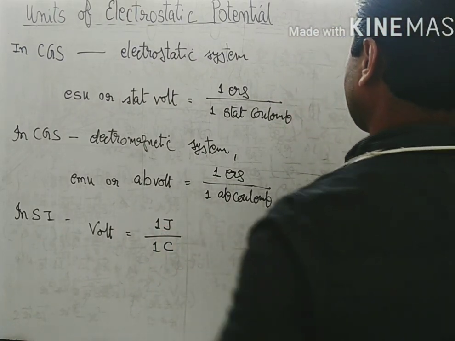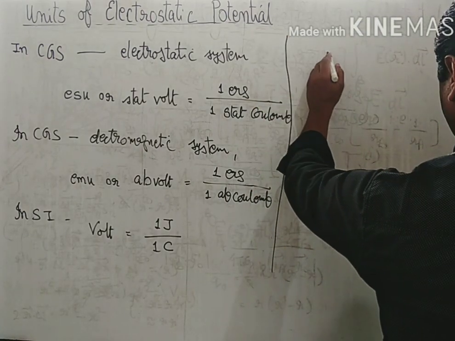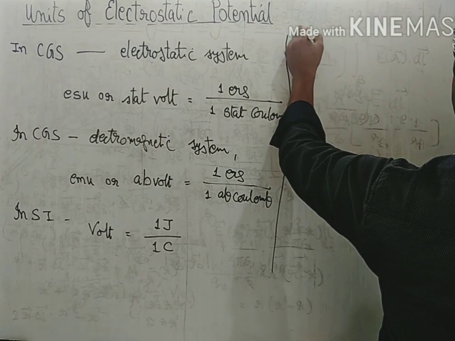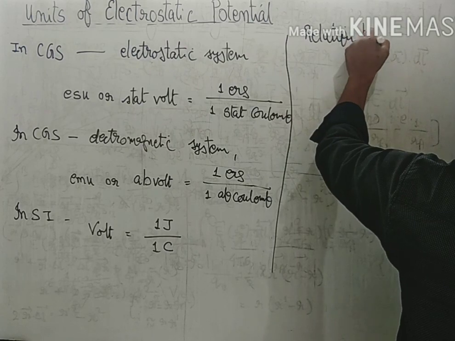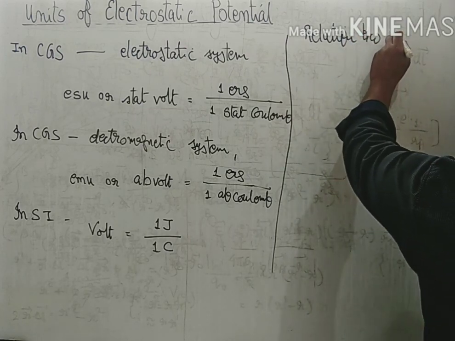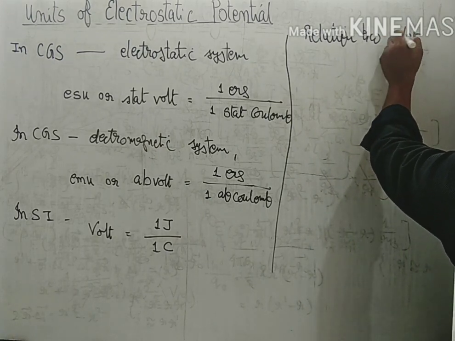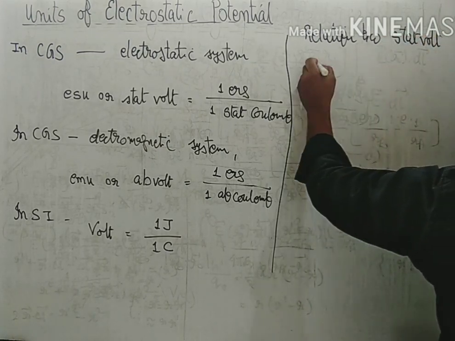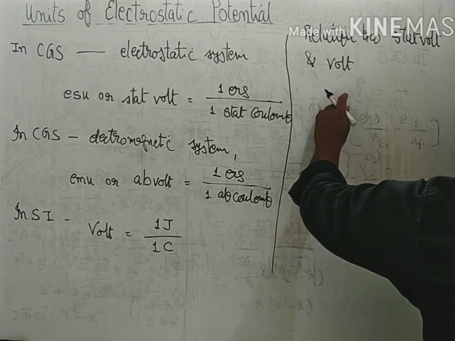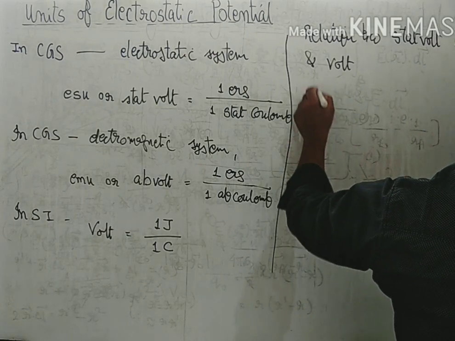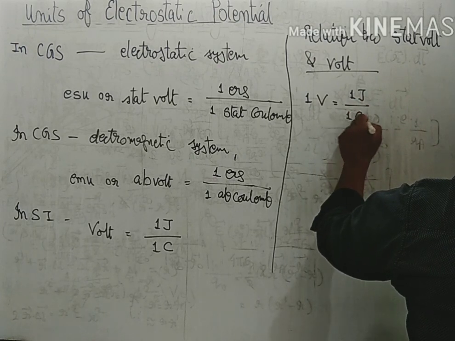Now let's have the relationship. So for the relationship, we can write first that stat volt and volt. So here you can write 1 volt equal to 1 joule upon 1 coulomb.